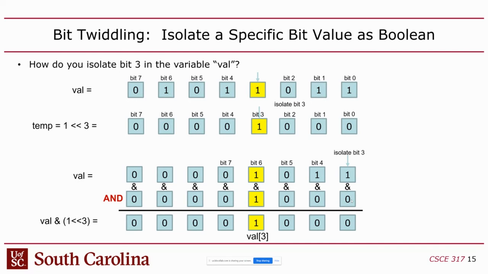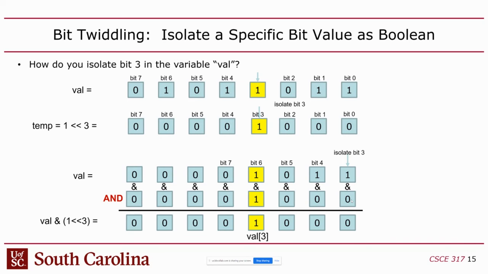And the nice thing about this is that if you were using this as a Boolean, if you remember from C, in C there's no primitive Boolean type. Booleans are just integers, which are considered false if the value is 0 and true if non-zero.